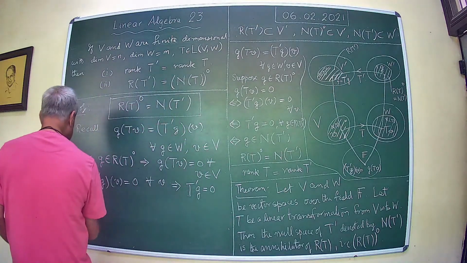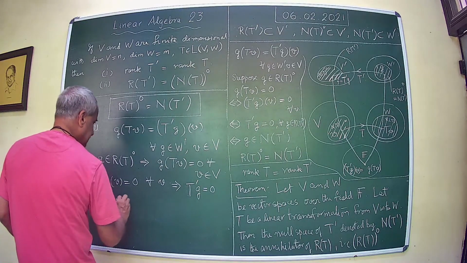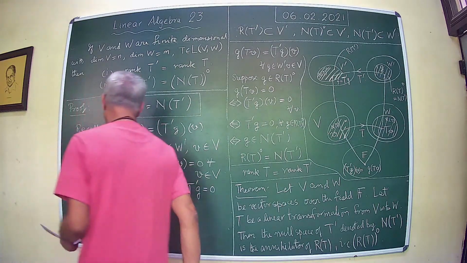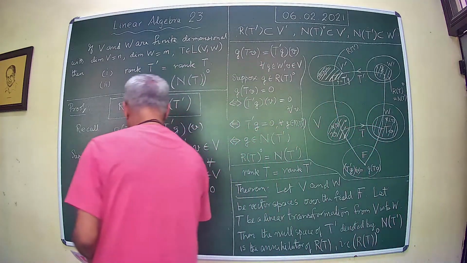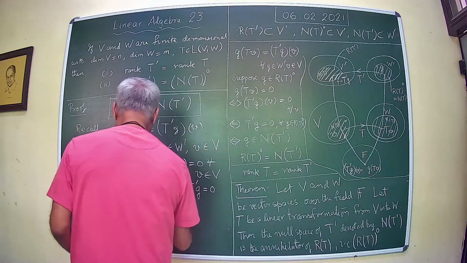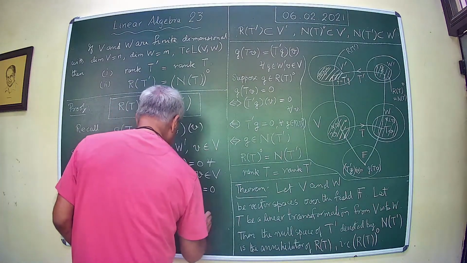Which implies g belongs to the null space of T prime. So every element of R(T) naught is contained in N(T prime).